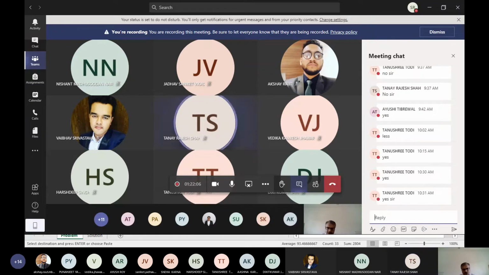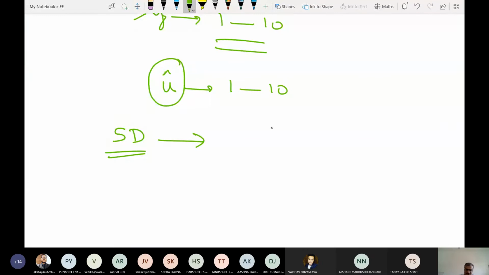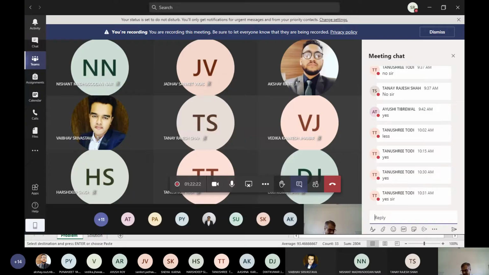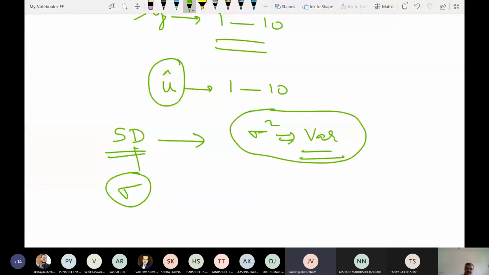When you square the SD, the square of SD is nothing but variance. SD is nothing but sigma, and when you square it, you get the variance. Is it okay? Yes, sir.